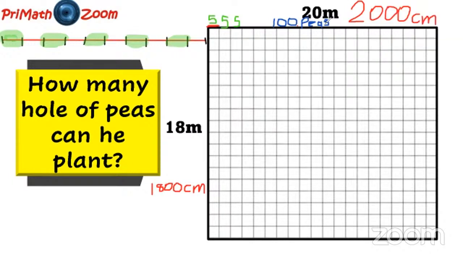Miss, for the 18 part for the side, I would say 90 peas. All right. And I see persons already saying 90 peas too, Jamari. So I'm still not sure if that is the correct answer. So I need some persons to really explain to me: how did you get 90 peas?